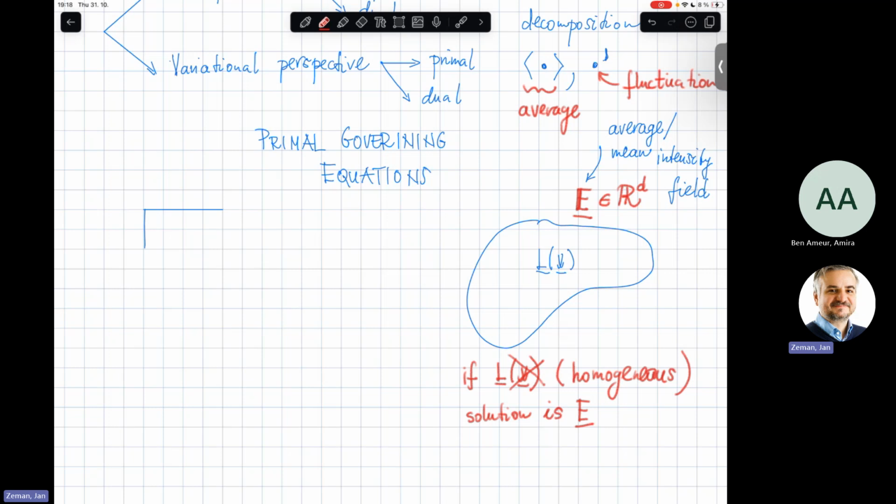And hence, even if I provided a body with this uniform background field which it likes to follow, it will not. This heterogeneity will cause some local fluctuations, and homogenization is nothing else than characterizing or estimating these fluctuations. That's pretty much it.